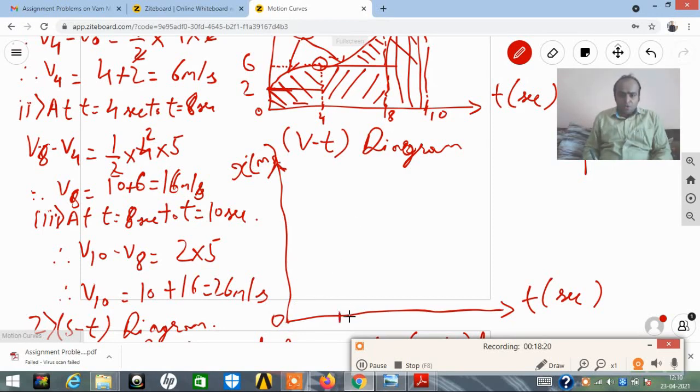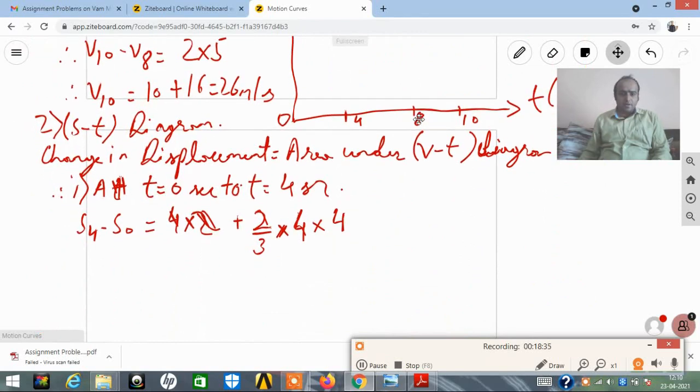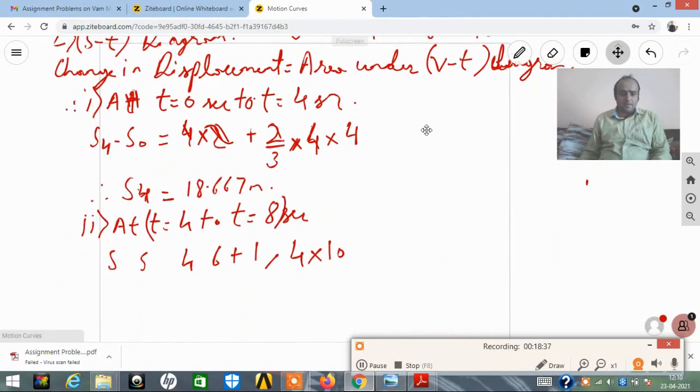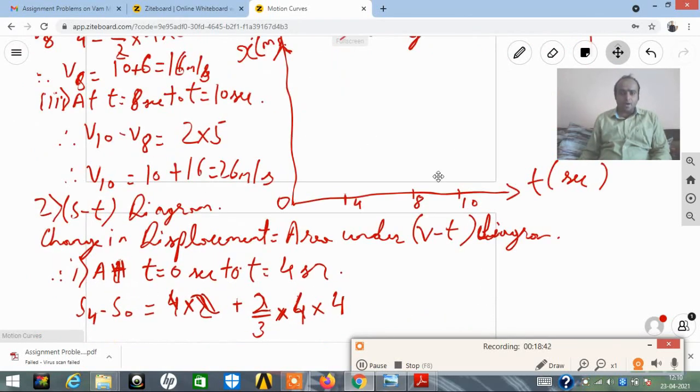Now this is 4 seconds. This is 8 seconds, and here it is 10 seconds. And now I can show the values of displacement, that is nothing but 18.667, then 56, and then 98.